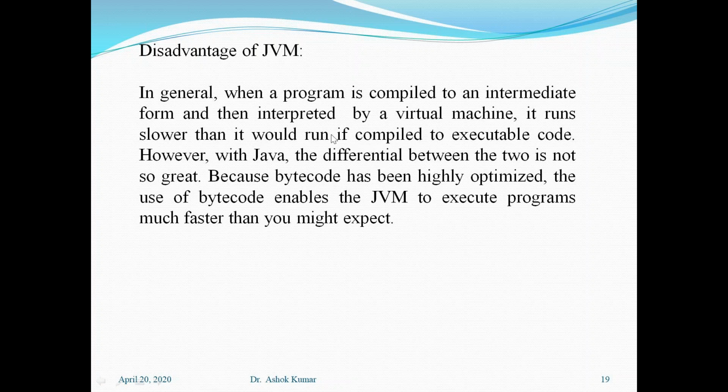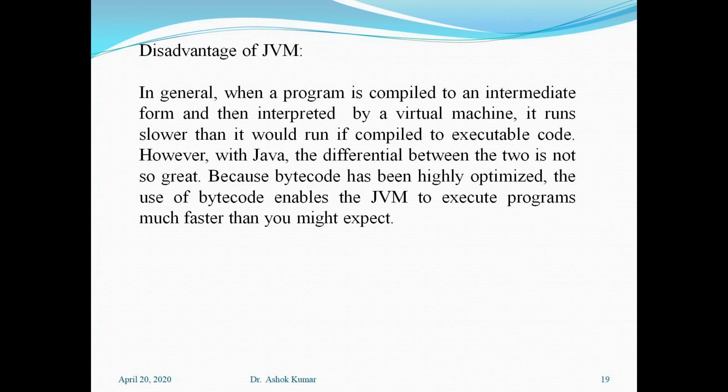But Java is a highly optimized language, because it has a just-in-time compiler that compiles the program as and when required to optimize the execution of the process. Again, we'll discuss it in more detail in the coming lectures: what is the purpose of JIT and how it works.